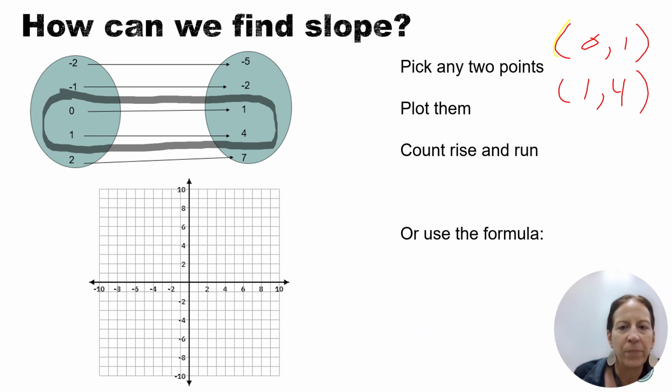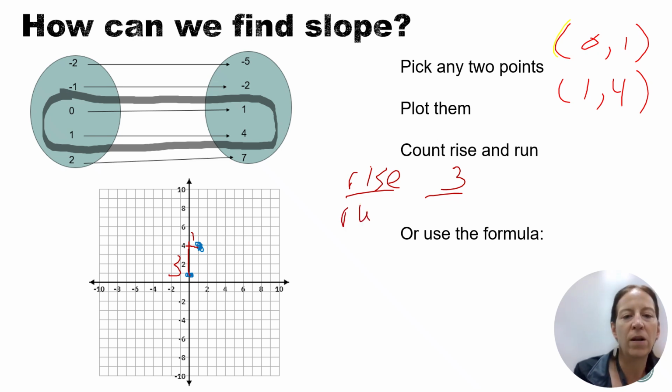Now plot them. So the point (0, 1) is right here, and the point (1, 4) is right here, and then literally count the slope. Okay, so if you know slope is rise over run, you're going to count up 1, 2, 3, and you're going to say, okay, to get from one point to the other is 3, and then count the run, which is over 1, so you've got 3 here and your 1 there.